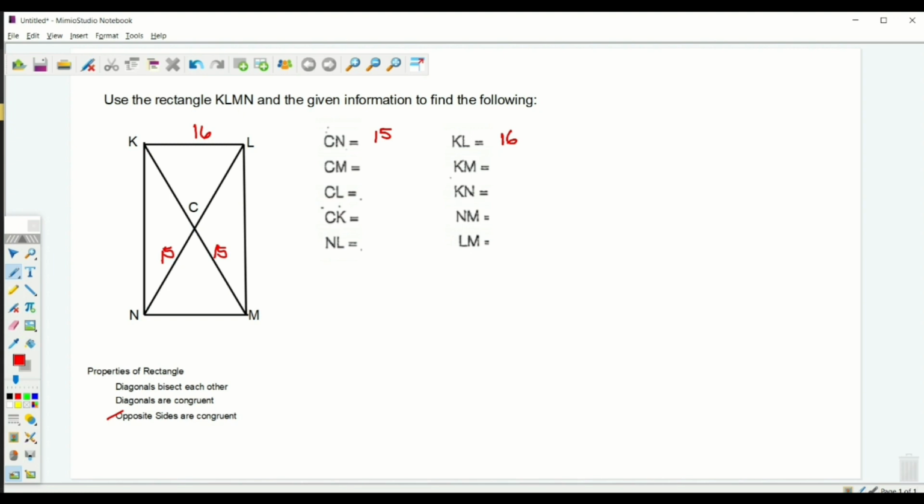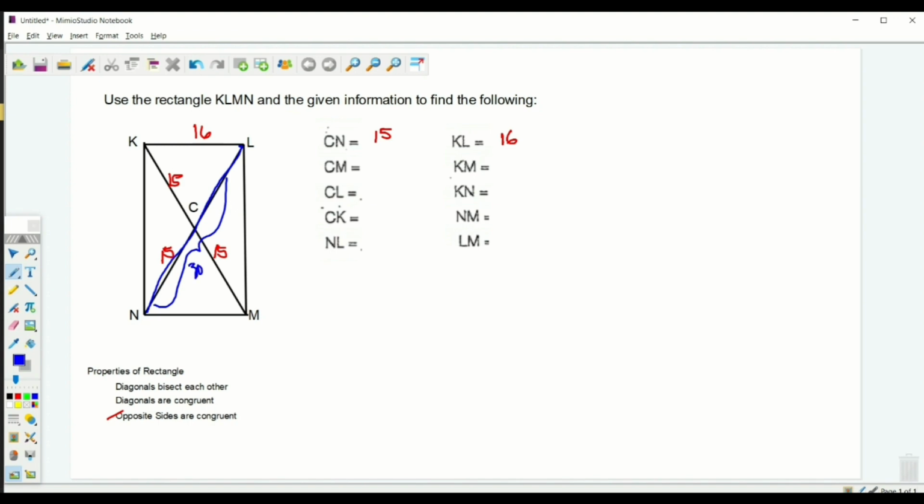Then CK is also 15. Then NL, kung tatanungin natin si NL, ito yung kabuuan natin. So, this is NL. So, kung 15 yan, 15 to, yung kabuo niya ay 30.